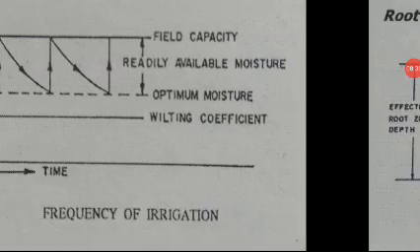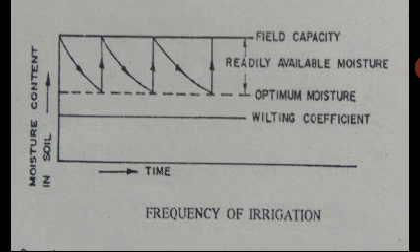The next chapter is depth and frequency of irrigation. Frequency of irrigation. Soil moisture in the root zone varies between field capacity, that is upper limit, and wilting point, lower limit.